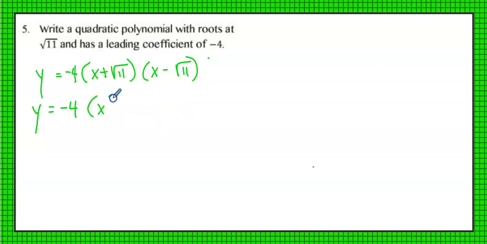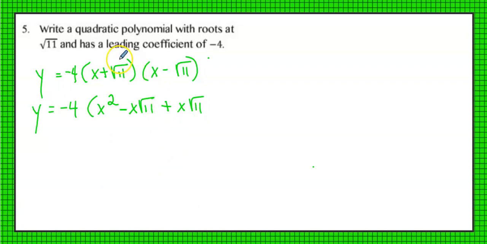That's going to be x squared, and we'll put it in parentheses because I might end up multiplying that -4 in. That's x times x. X times negative root 11 is negative x root 11. And then root 11 times x is positive x root 11.